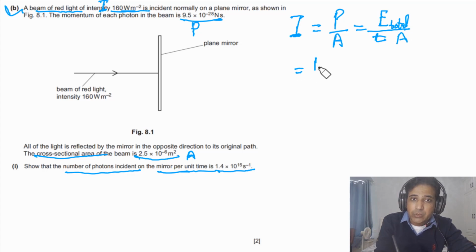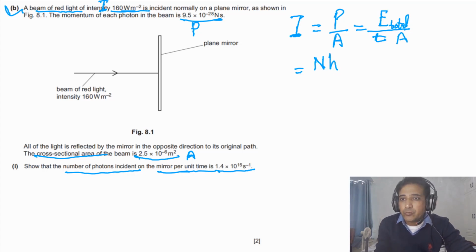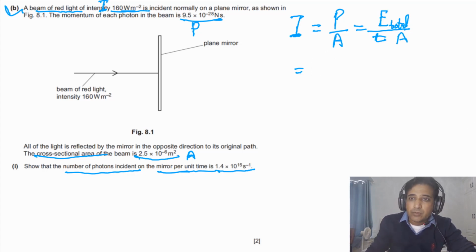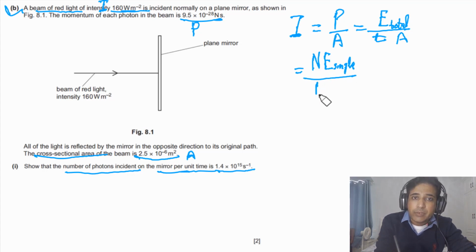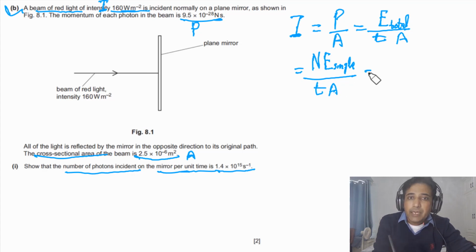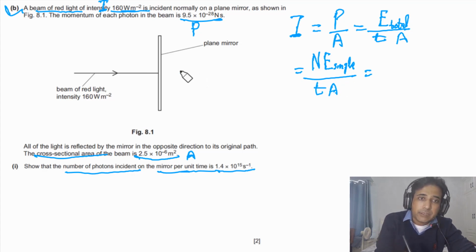And the total energy is n times the energy of a single photon. So the total energy of the beam is equal to the number of photons times the energy of a single photon, divided by T times A. And the energy of a single photon, as we discussed before, is equal to hc divided by lambda.